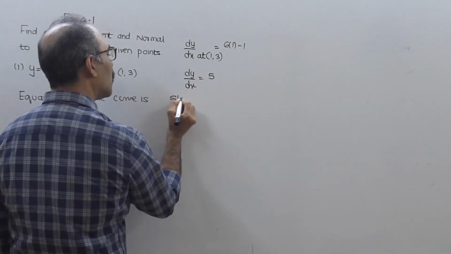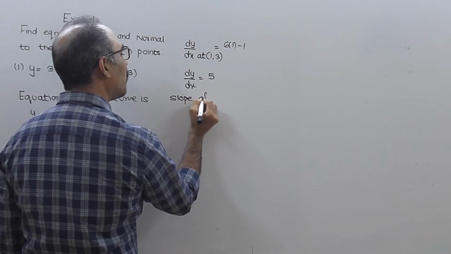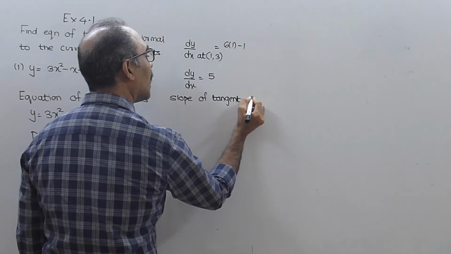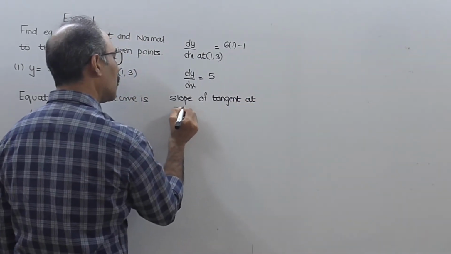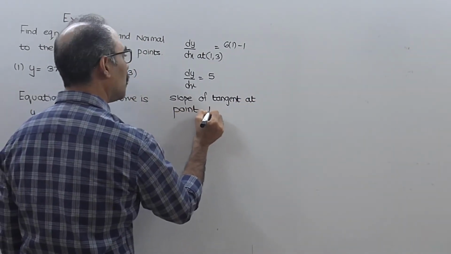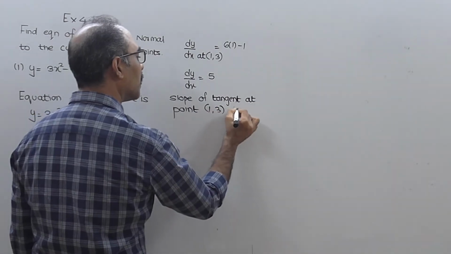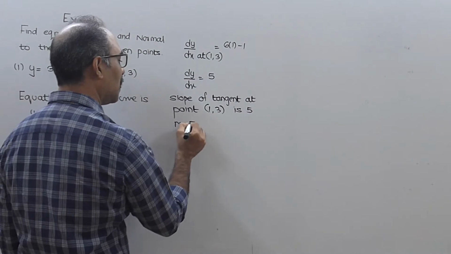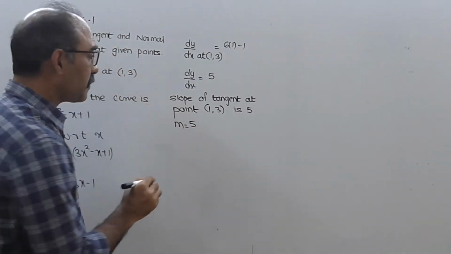So the slope of the tangent at point 1 comma 3 is 5. Slope is nothing but the alphabet m.